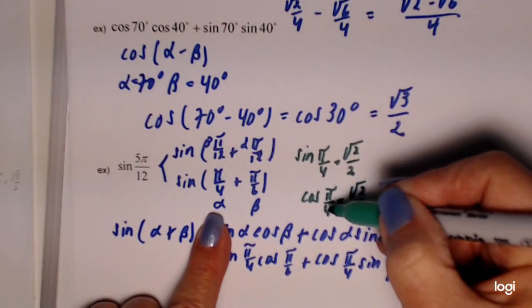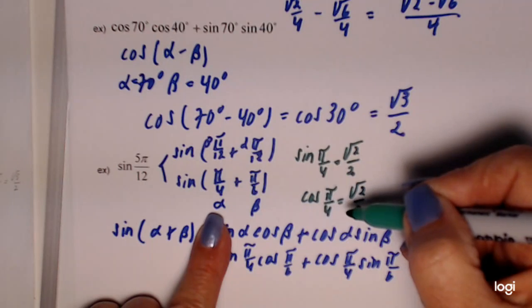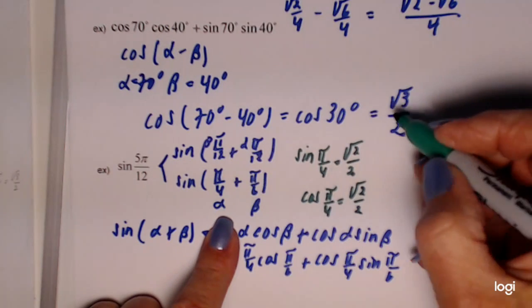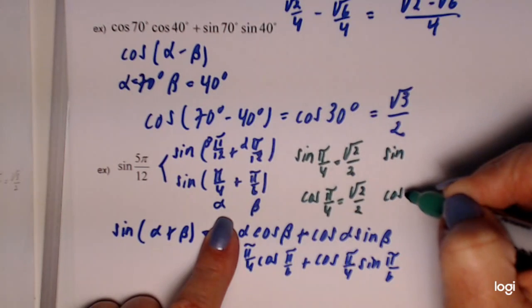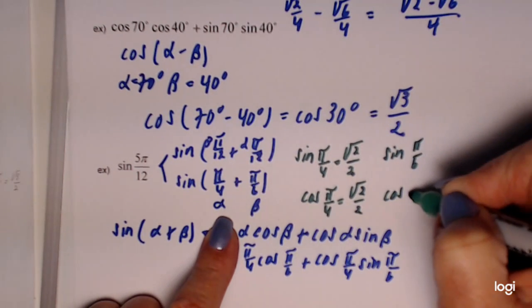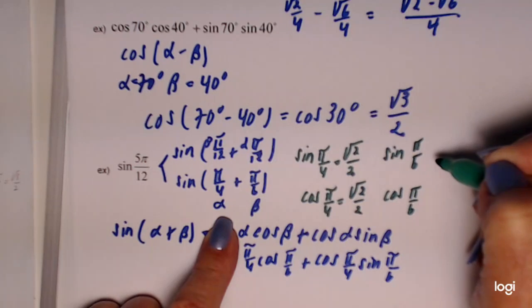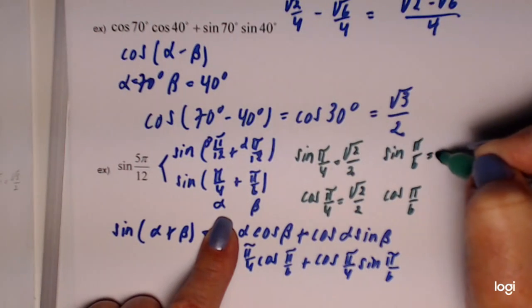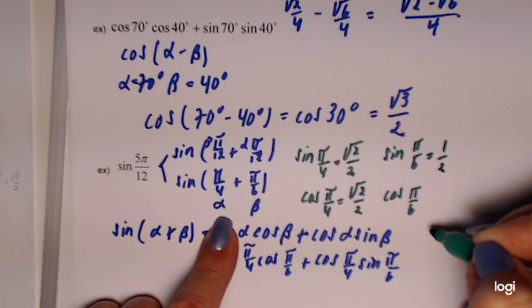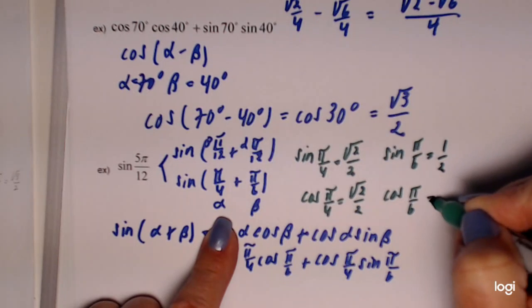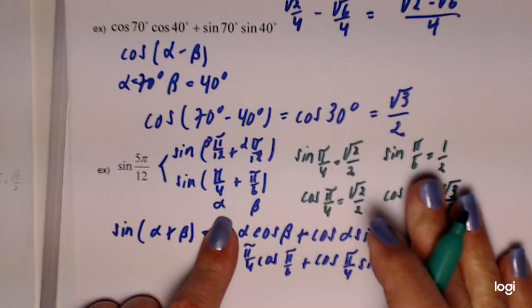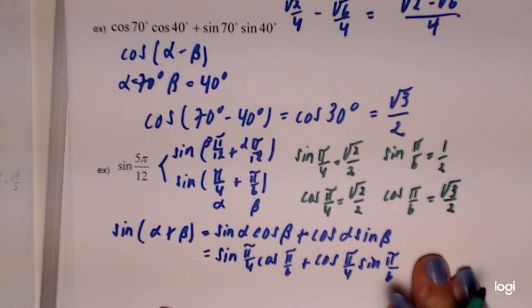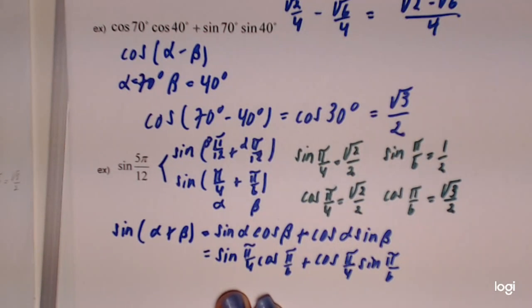Now we're going to need the sine and the cosine of our second angle, pi over 6. So sine of pi over 6 is 1/2, and the cosine of pi over 6 is square root 3 over 2. So we have the 4 pieces of information that we need to go back to our formula and substitute.